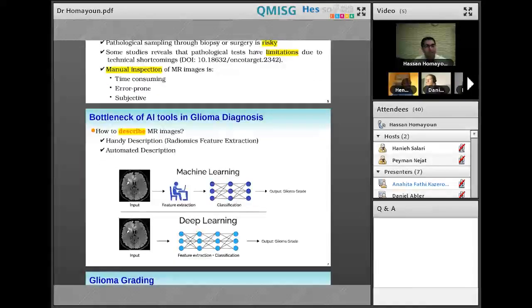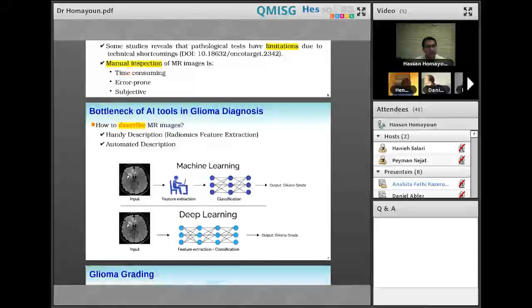In these three mentioned applications, there is a common phase. This phase is description of MR images. Description can be either handcrafted or automated.